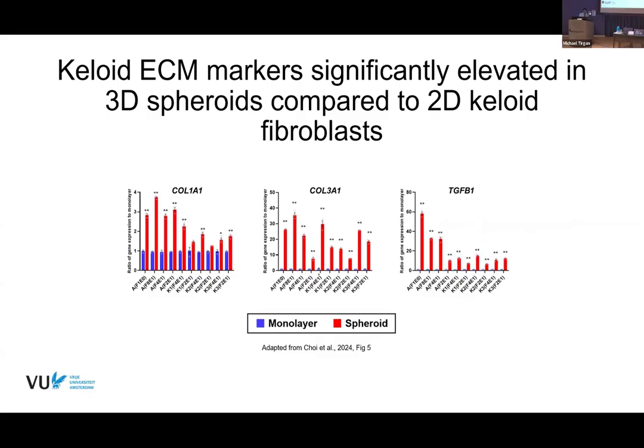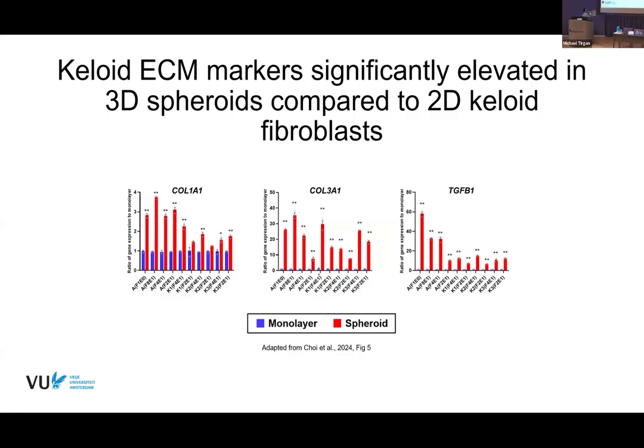Now, a second thing that I was looking into was gene expression, especially looking at markers aligned with ECM remodeling. Here, the blue graphs are monolayer cells, and the spheroid cells are red. On the x-axis, you see different types of fibroblasts that were used.